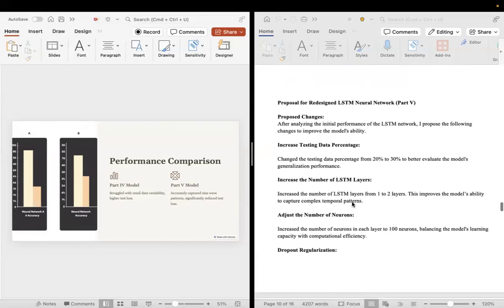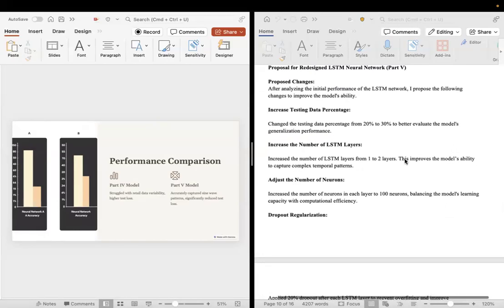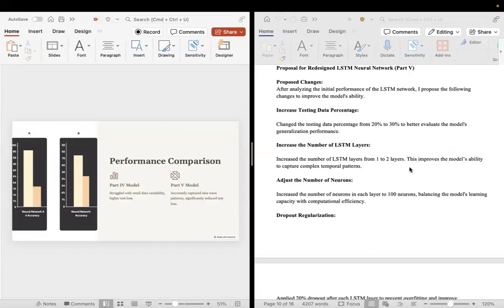Increase the number of LSTM layers from 1 to 2 layers. This improves the model's ability to capture complex temporal patterns.